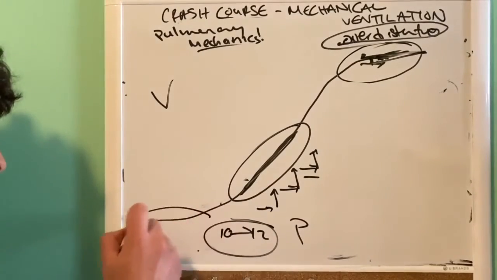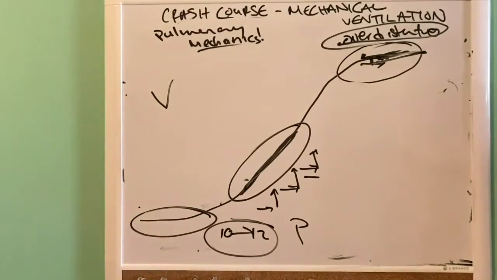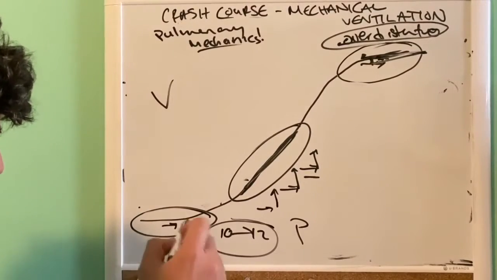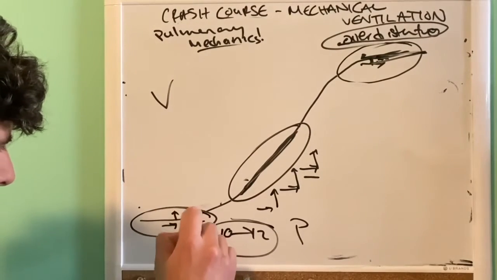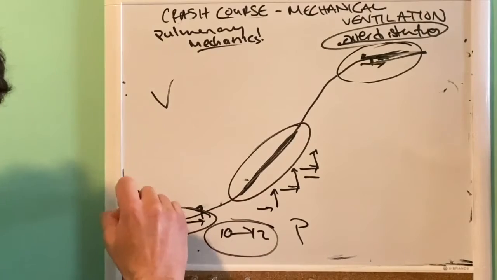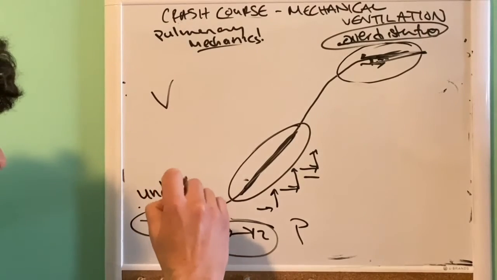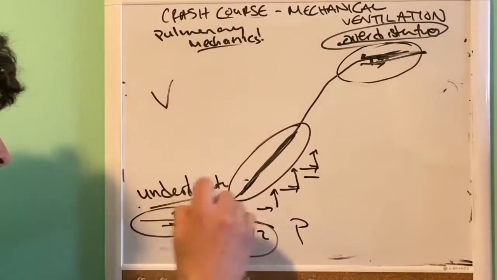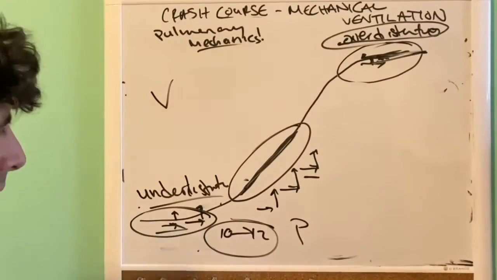And what's going on down here? Same thing. With the same increase in pressure, you're just getting a little blip in volume. This is underdistension or atelectasis. It's taking a lot of pressure to open the alveoli.